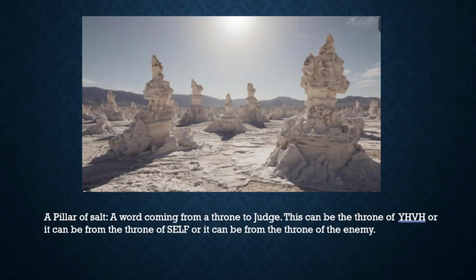This can be the throne of Yahweh, or it can be the throne of self, or it can be the throne of an enemy. So when you've judged another throne, it turns into a salt pillar.